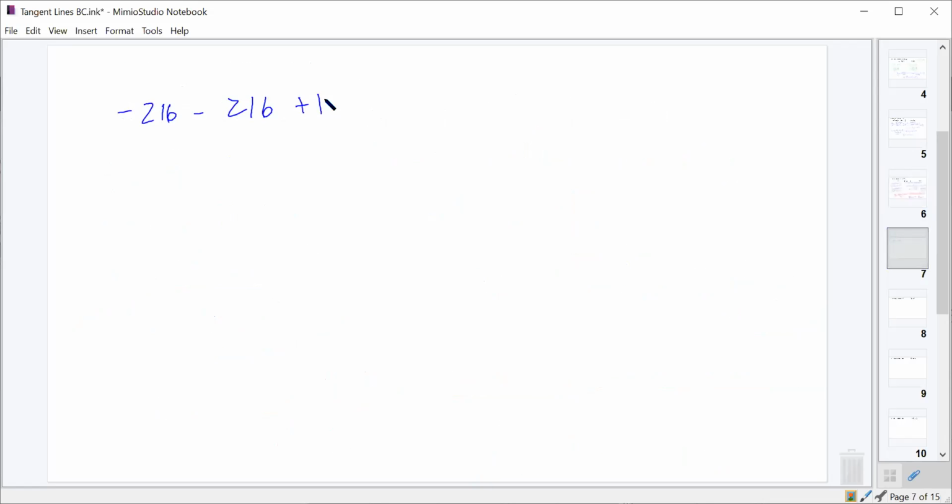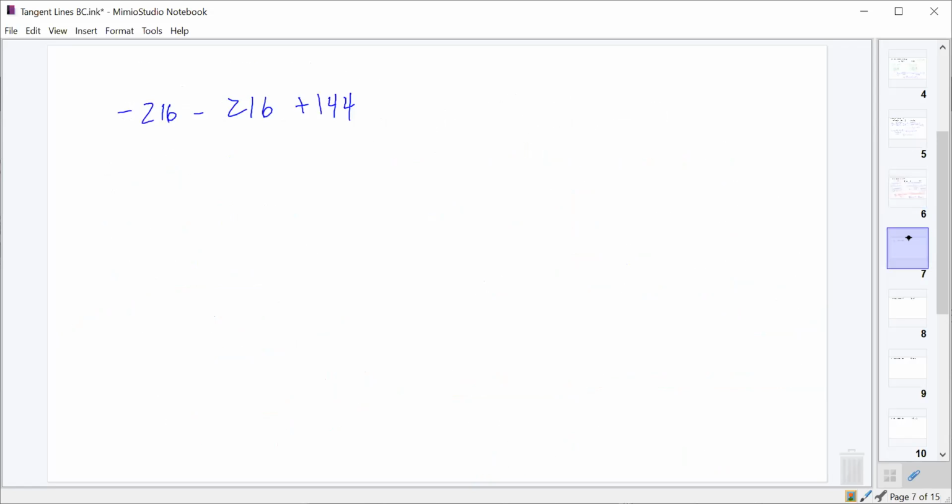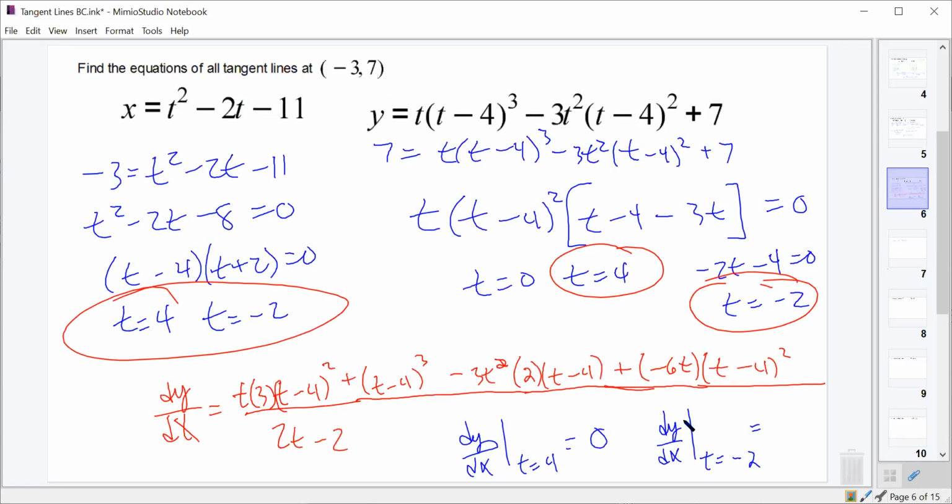Everybody agree with that? And then this becomes 36 times negative 6, which is negative 216, times negative 2, so that becomes plus 432. Did I do that all correctly or not?